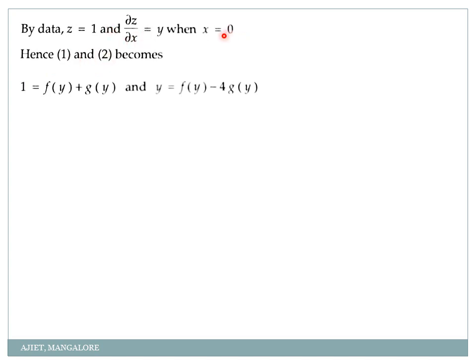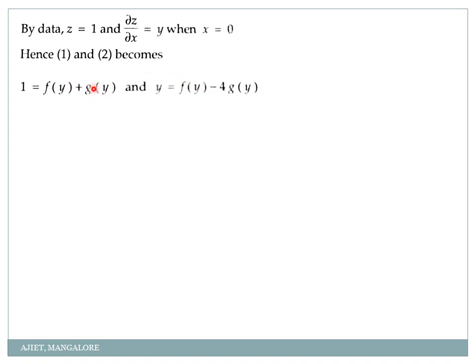So first condition, when x is 0, z is 1. When I apply it, I'll get 1 = e^0 f(y) + g(y), that is 1 = f(y) + g(y). My second condition was ∂z/∂x is y. When x is 0, again y = f(y) − 4 g(y). Now how to balance this equation? In order to solve for f(y) and g(y), what will you do now?